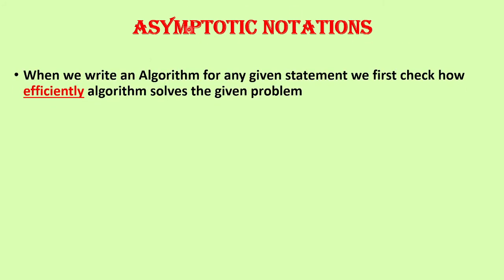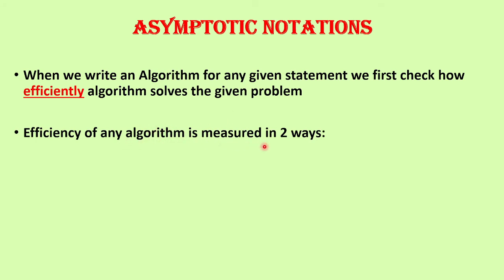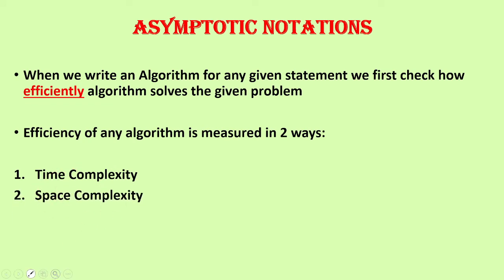Now we'll see what are asymptotic notations. When we write any algorithm for any given statement, we first check the efficiency of that algorithm to solve that problem. The efficiency of an algorithm is always measured in two ways. One is time complexity and second is space complexity. When you write any algorithm, you need to check these two things, time and space complexity.